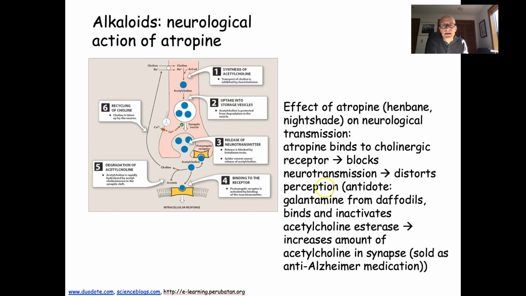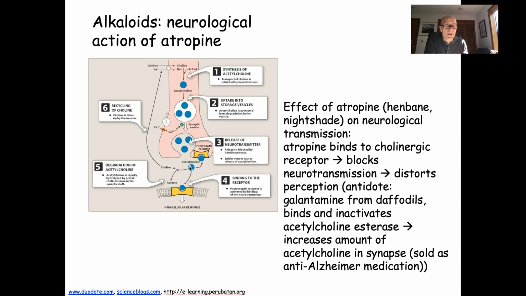So it distorts perception, and then over time the block will be metabolized, will be broken apart. But there are antidotes, and there's a substance called galantamine that is found in daffodils that binds and then activates the acetylcholine esterase, which normally breaks acetylcholine down and helps the uptake. When that is not broken down, that increases the concentration of acetylcholine in the synaptic cleft.